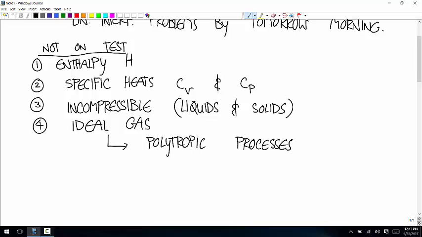Once we're done with this, we're ready to go on to the next big topic. So far we've used the first law of thermodynamics only where our system is a fixed amount of material, a closed system.